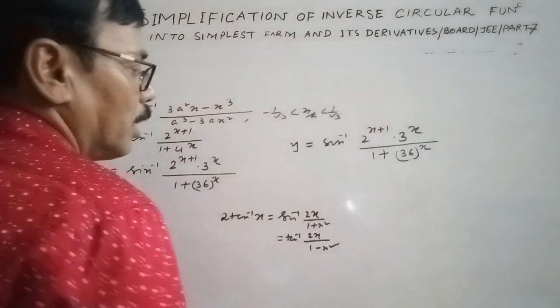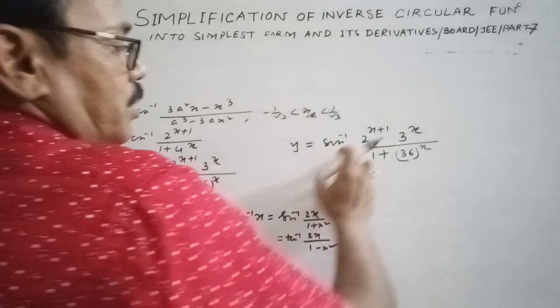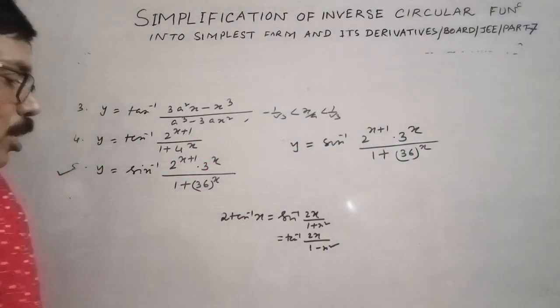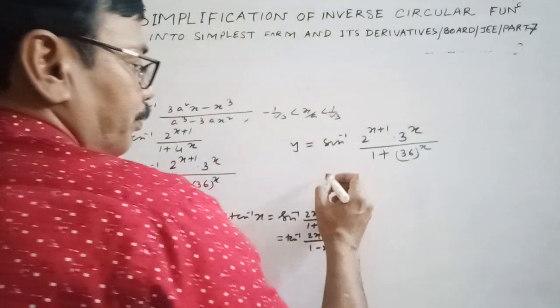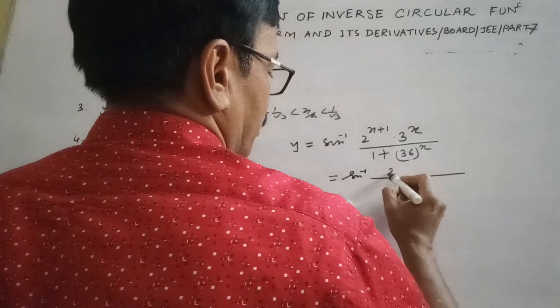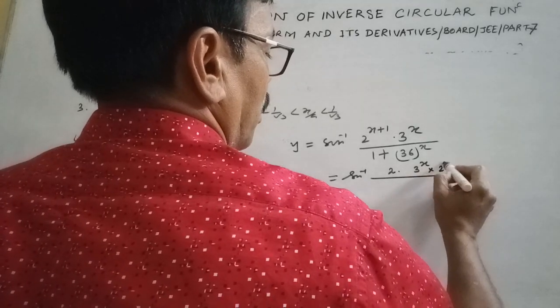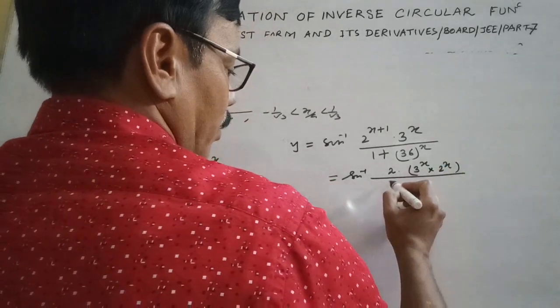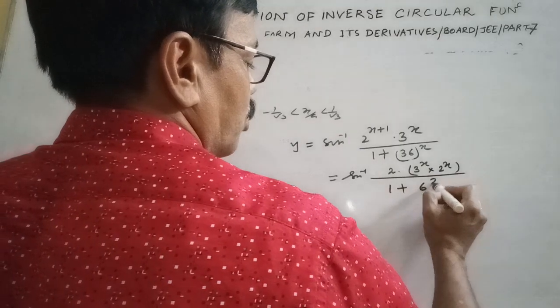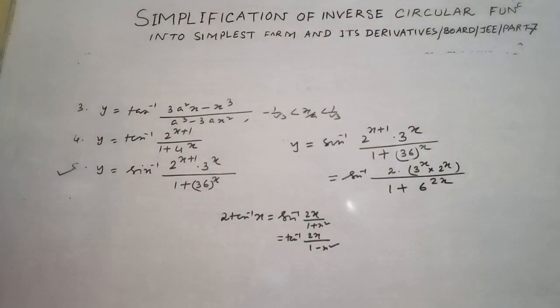So look, try to express this sine inverse in terms of tan inverse. So look, sine inverse, 2 to the power x into 3 to the power x, and this is 1 plus 6 to the power 2x, that is 6 squared to the power x. So 6 to the power 2x.